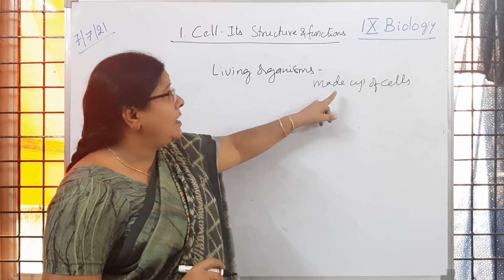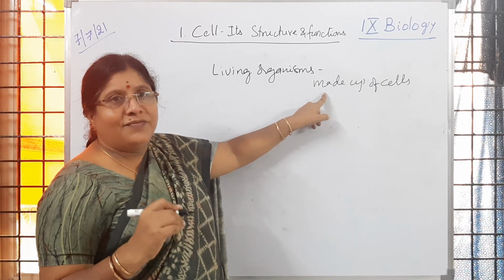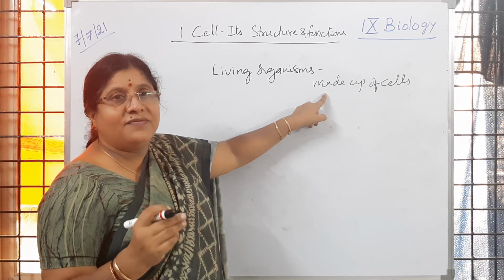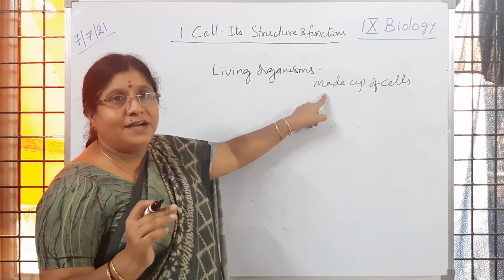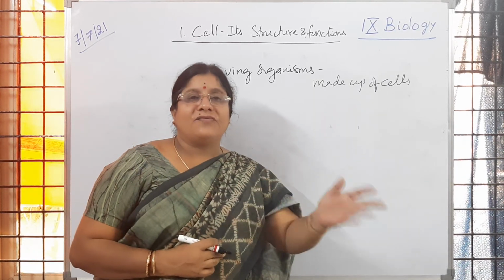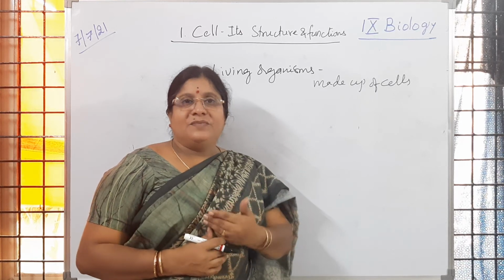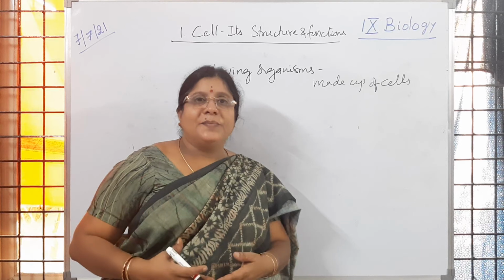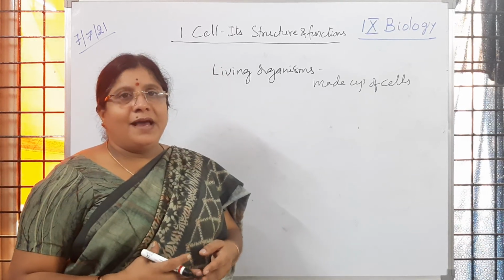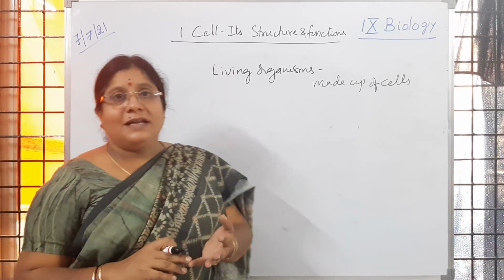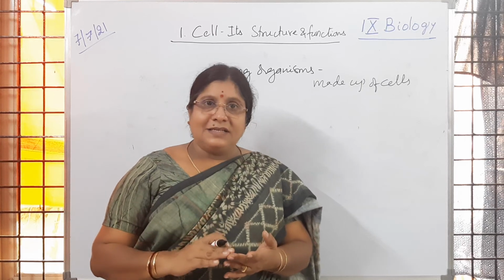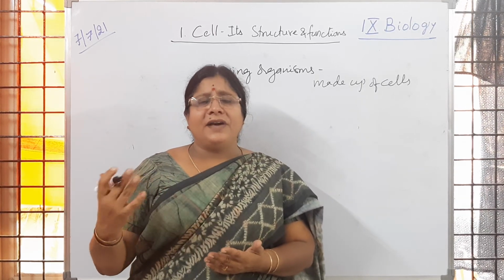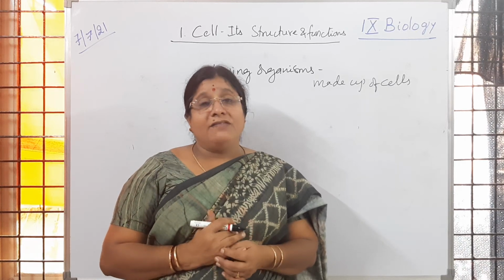So here you know that if it is a unicellular organism, that is made of only a single cell. Is it clear to you? That single cell is going to perform all the functions. If it is a multicellular organism, different types of cells are there. So for example, in the human body, we have blood cells, bone cells, muscle cells, nerve cells, whatnot, different varieties of cells are present in our body.